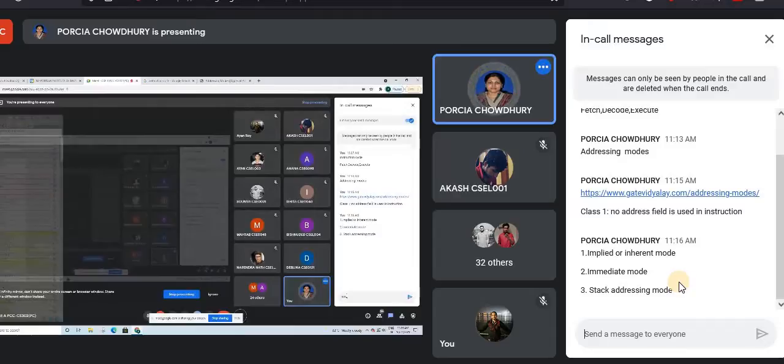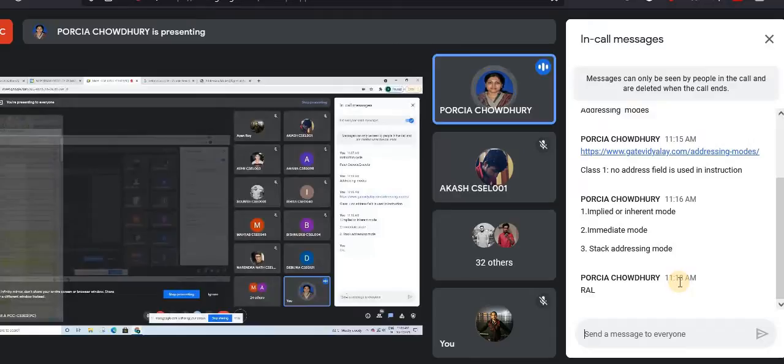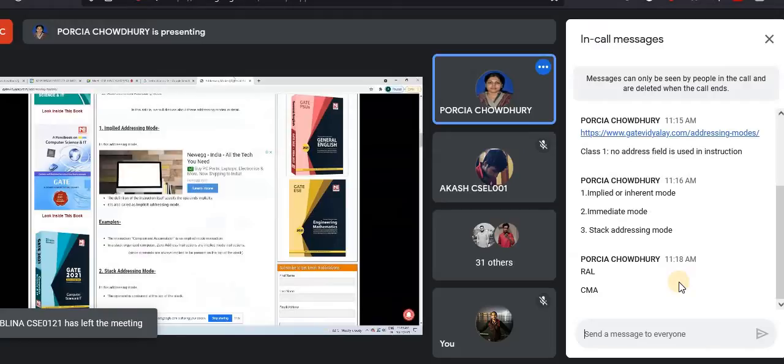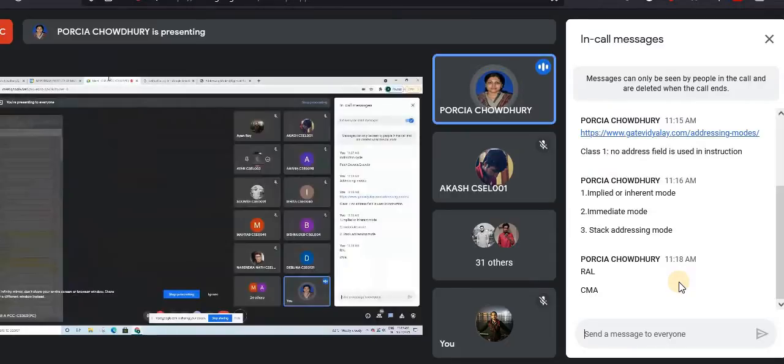Another example may be CMA, which takes the complement of the content of the accumulator. The instruction complement accumulator is an implied mode instruction. So that is the first category.